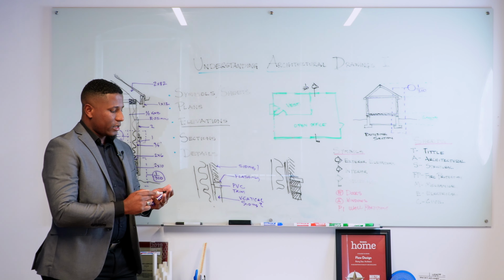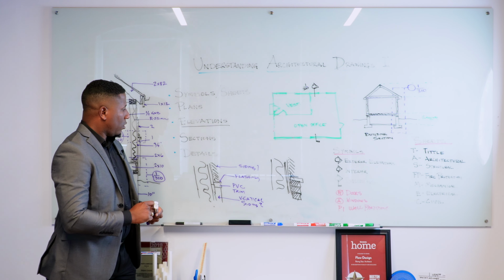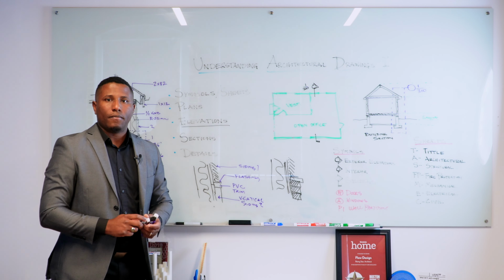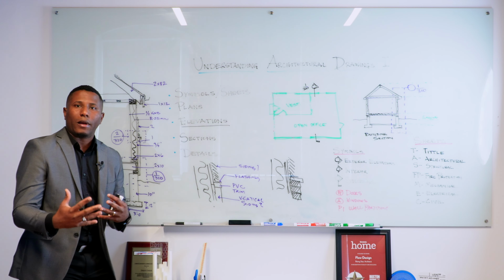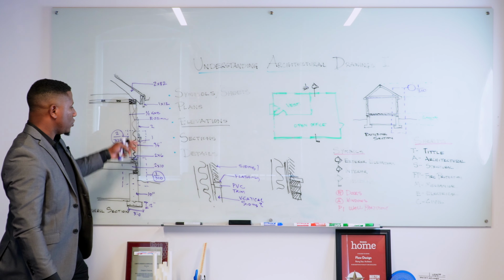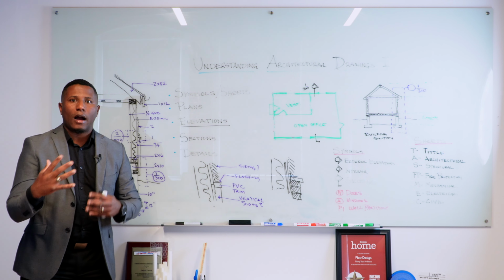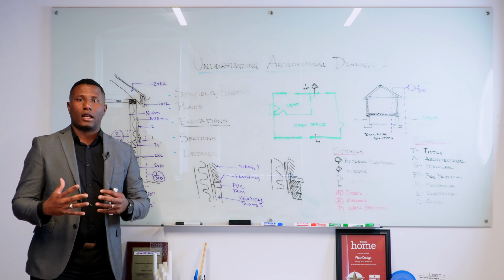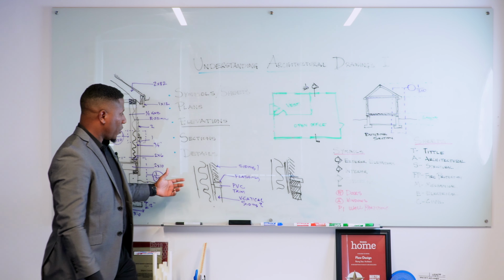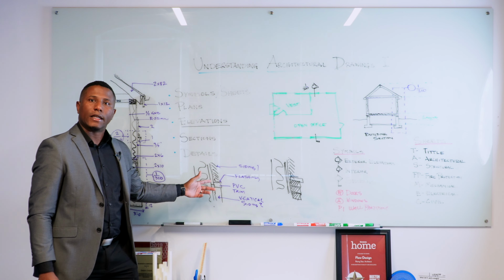So this is the importance of asking, okay, hey architect or hey designer, how are you planning to deal with this transition between these two different materials? Like, how does that detail look like? And then in the architectural drawings, we can specify, okay, we could either do two types of siding.